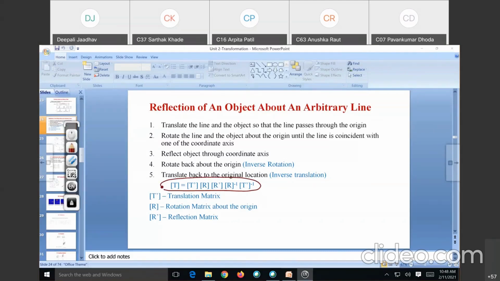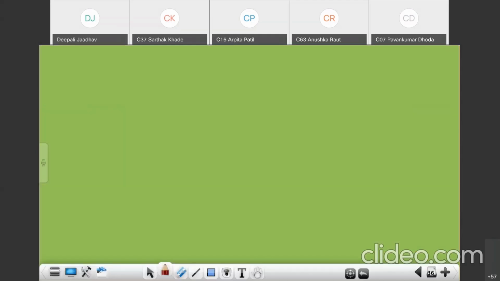But we can also do this in one step: if we know the transformation matrices, first translation, then rotation, then reflection, inverse rotation and inverse translation.